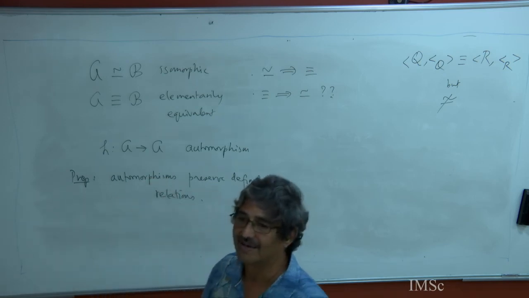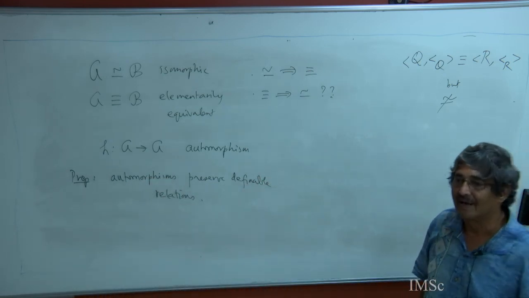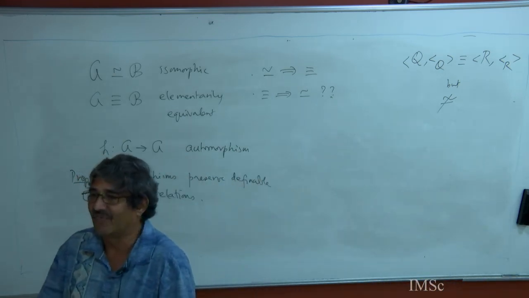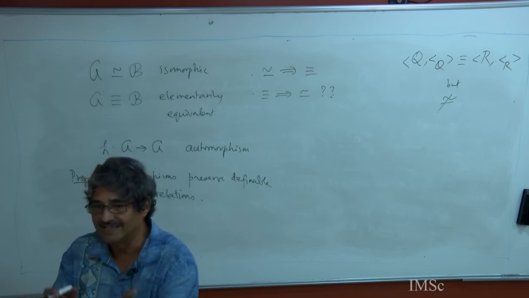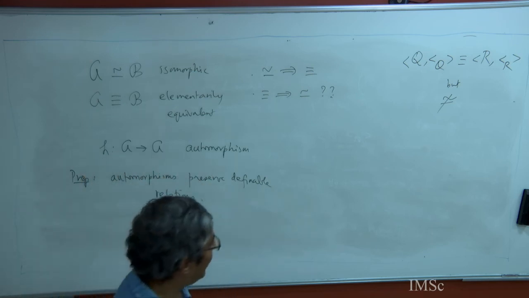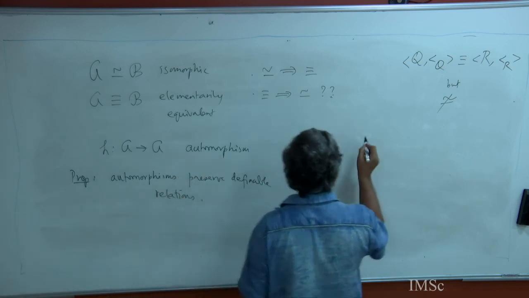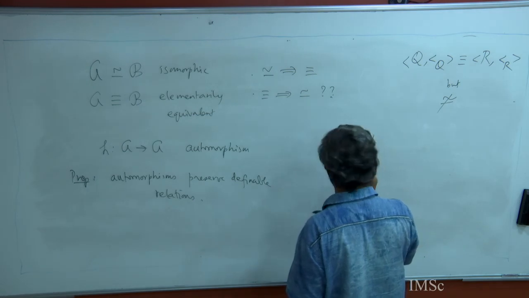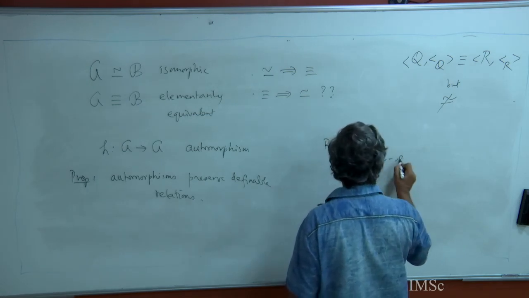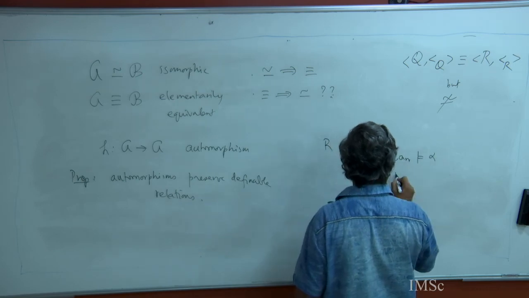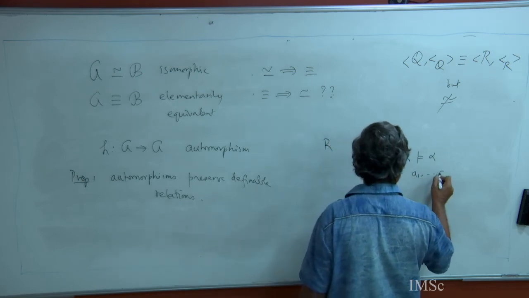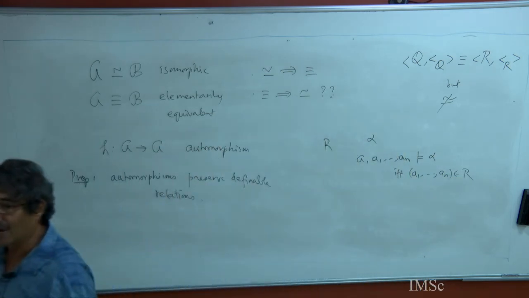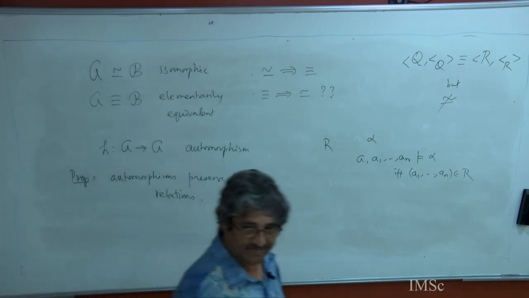You have a formula such that the set of all n-tuples which satisfy the formula is exactly R. So there is a formula alpha in the language L such that A with a1 to an satisfies alpha if and only if (a1, ..., an) belongs to R. Now you have the automorphism h.